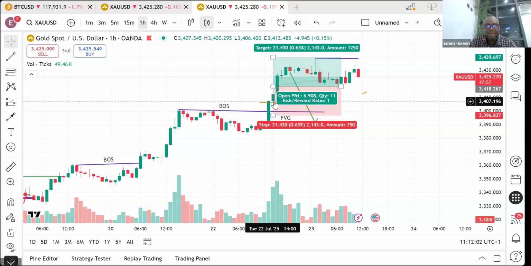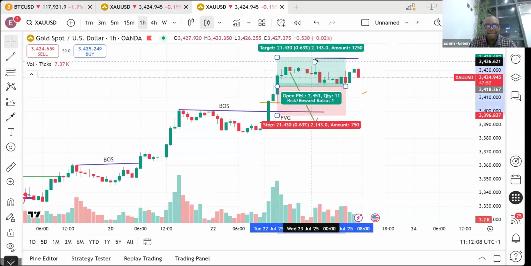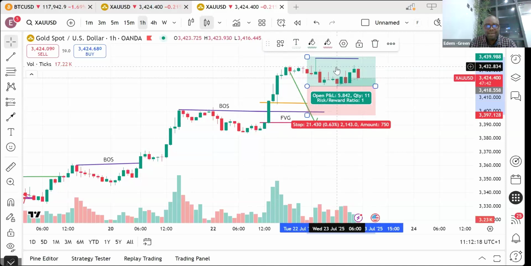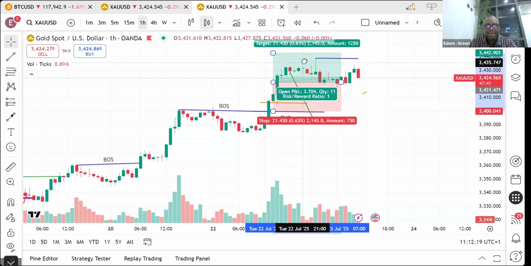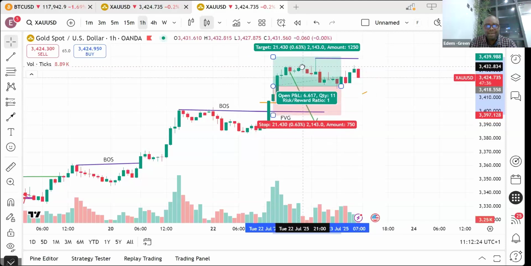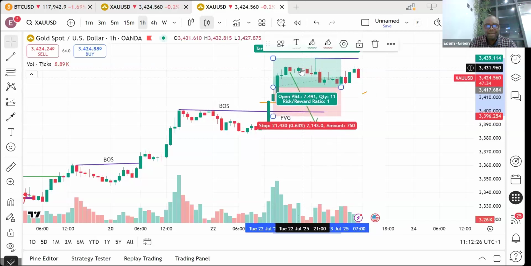Slightly below the 50% mark. And you can enter once the fourth candle comes and taps into it.